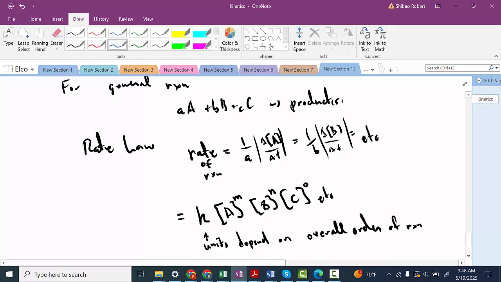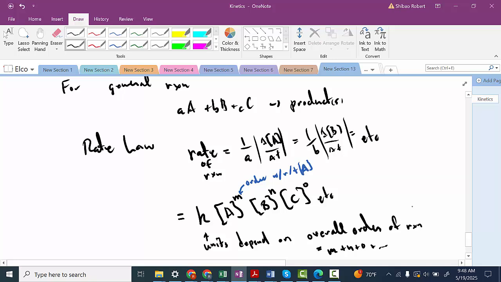m, n, and o are the individual orders. So m is the order with respect to the concentration of A, n is the order with respect to the concentration of B, and o is the order with respect to the concentration of C. The overall order of the reaction is we sum them up: m plus n plus o, plus however many reactants we have.